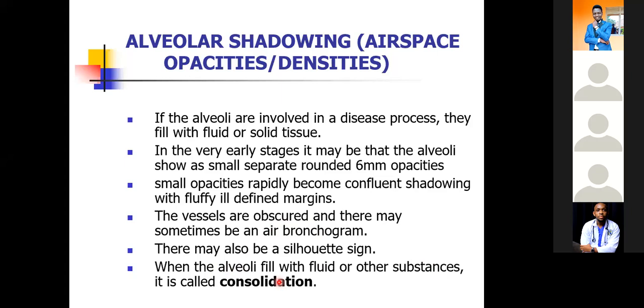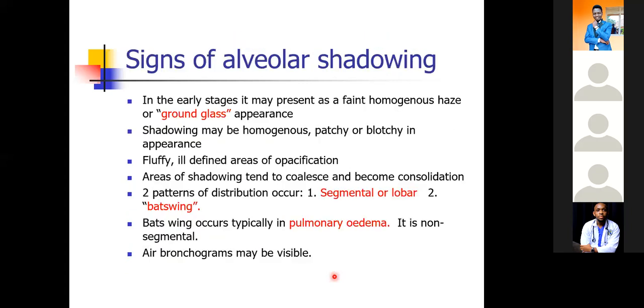So it's a whole process that starts from those small round opacities that become confluent and feathery. At some point, you begin talking about ground glass opacities. As it goes on, it becomes much denser so that it obscures even the blood vessels, air bronchograms become apparent, a silhouette sign is apparent, and we outright begin talking about a consolidation within the lung.